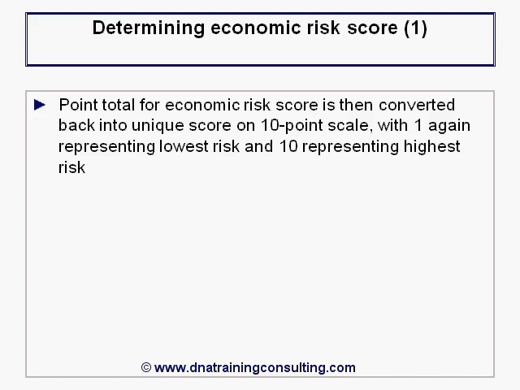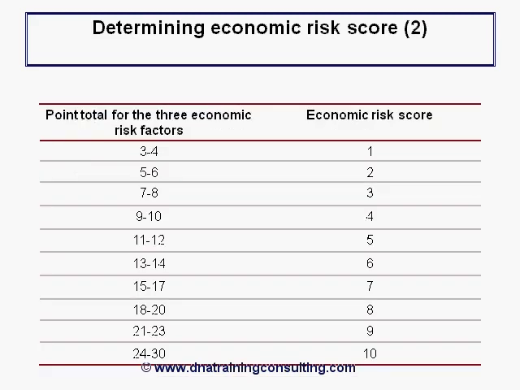This is done in accordance with the table appearing now, which once again does not adopt a linear approach, since a total of 5 points, for example, converts into a final economic risk score of 2, while triple that number of total points, or 15, converts into a final economic risk of 7.